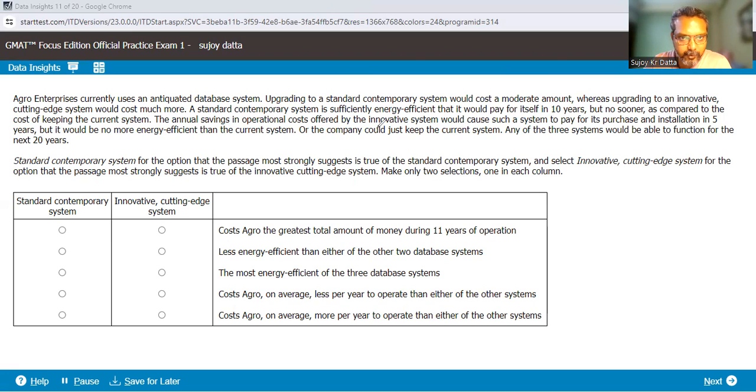The annual savings in operational costs offered by the innovative system would cause the system to pay for its purchase in 5 years, but it would be no more energy efficient than the current system. Any of the three systems would be able to function for the next 20 years.